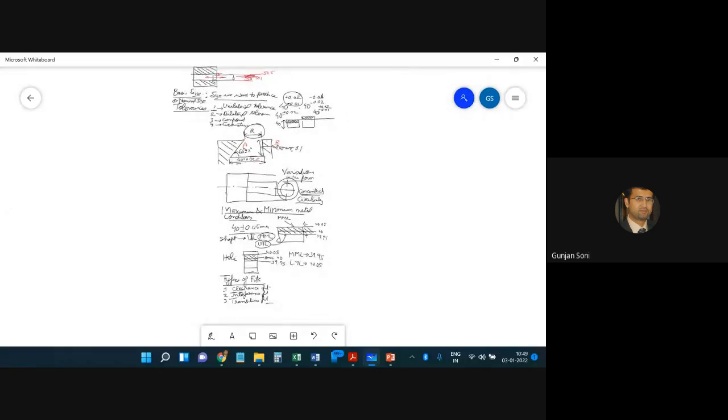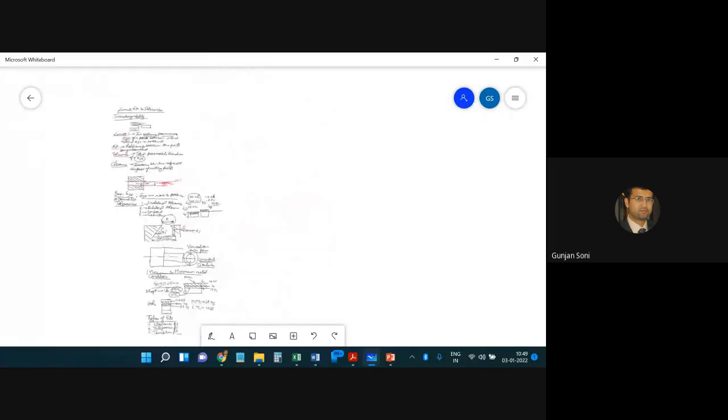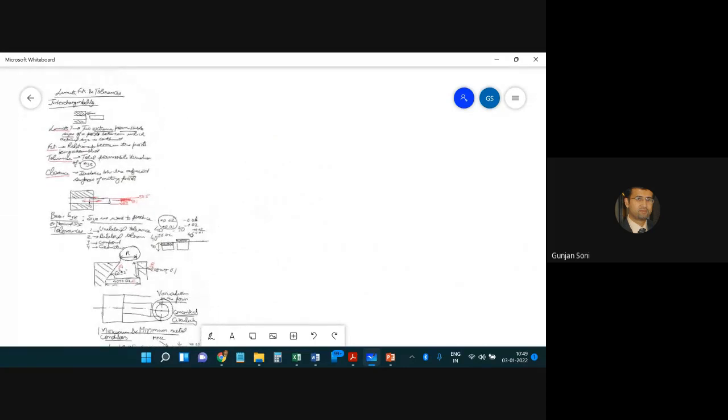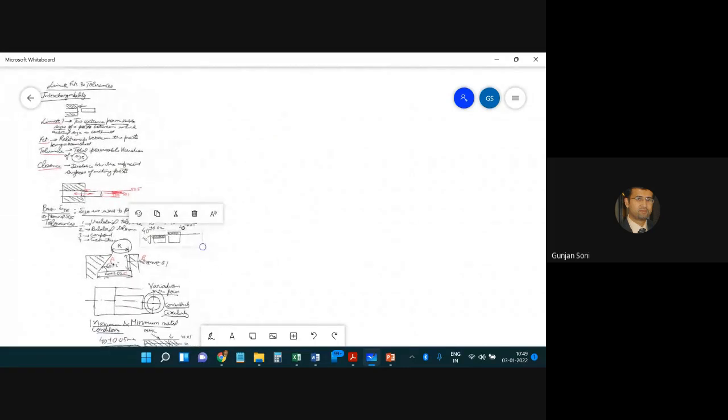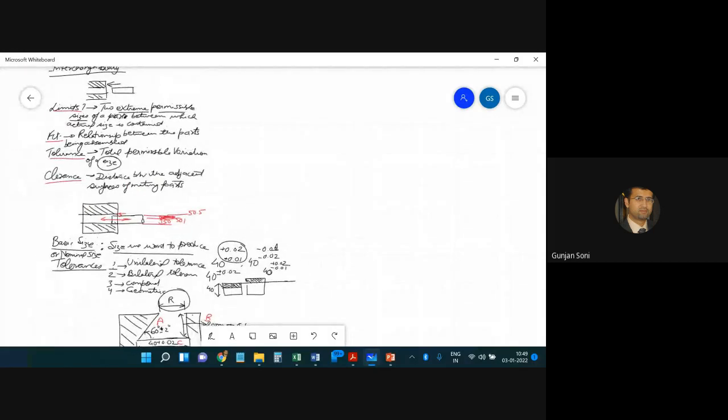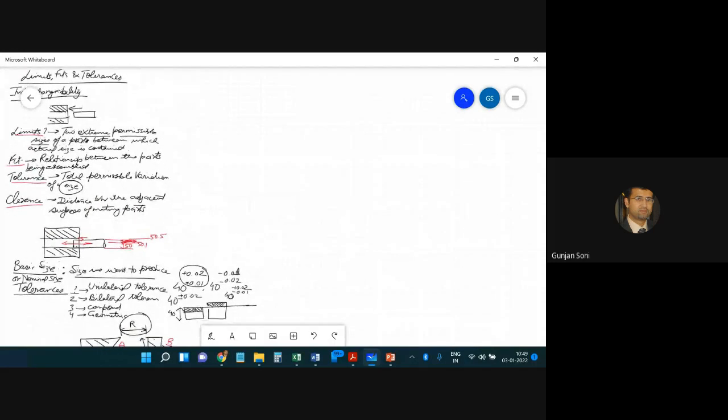So let me just recap what we have done today. We were talking about limits, fits, and tolerances, and they are largely based on the concept of interchangeability. That's why this topic has come into the picture. There are three terms we were interested in: limits, fits, and tolerances.